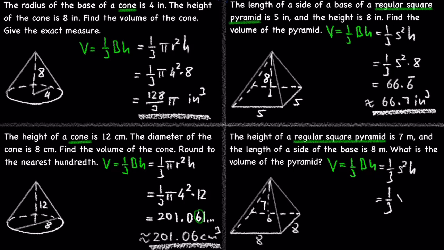The side is 8 and the h is 7. So we get 149.333, and so on. So the volume of this pyramid is approximately 149.3 cubic meters.